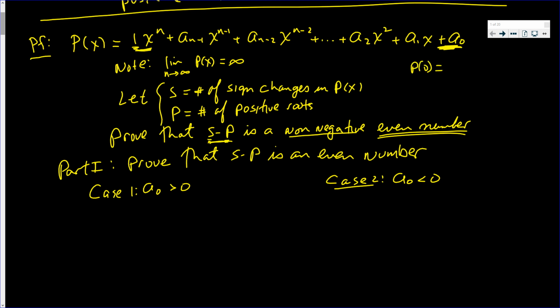Now note that p of 0 is a sub 0, because 1 times 0 to the n is 0. This constant times 0 to a power is 0. This constant times 0 to a power is 0. Same here, plus a sub 0.